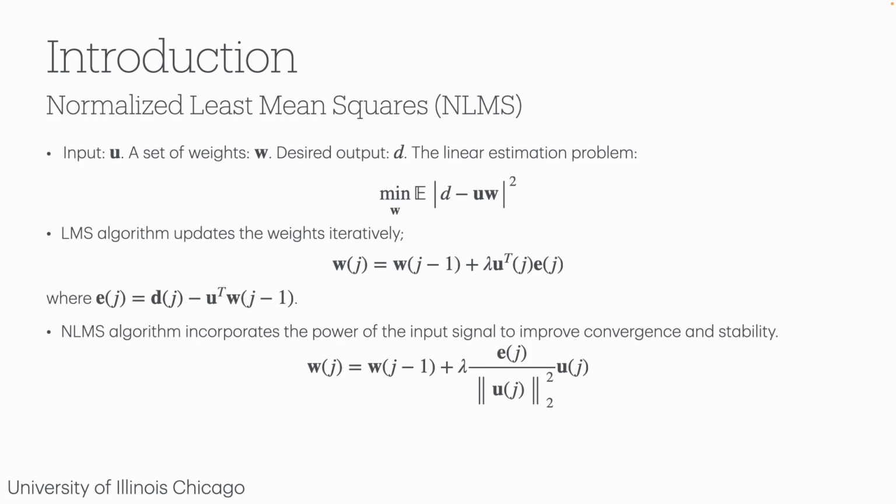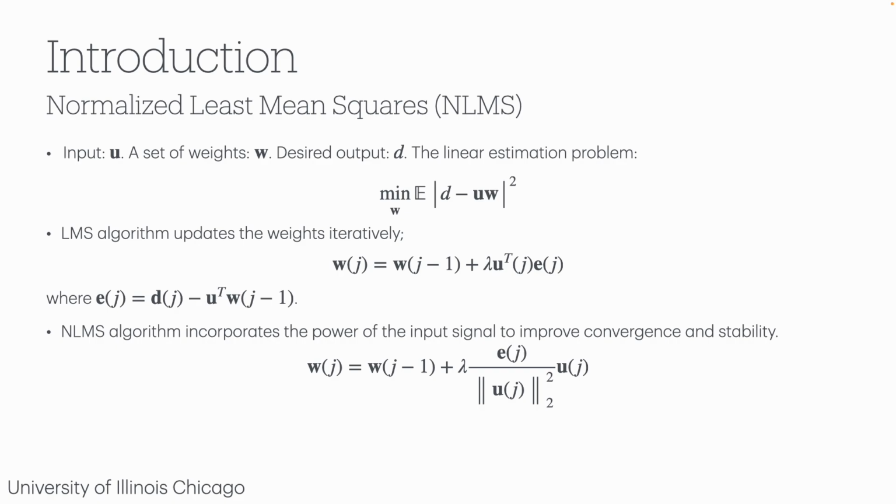So the second inspiration for the INSGD is the normalized least mean squares, abbreviated as NLMS, commonly used in adaptive filtering. So I will also briefly go over it. Assume an input U and a set of weights W. The desired output of the system is D, and the linear estimation problem is defined as here for the jth iteration step.